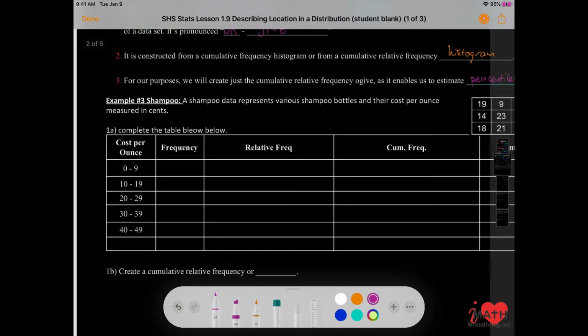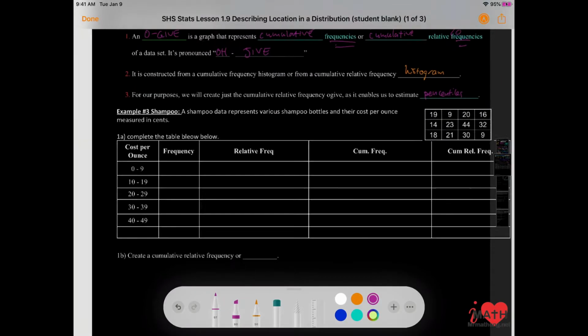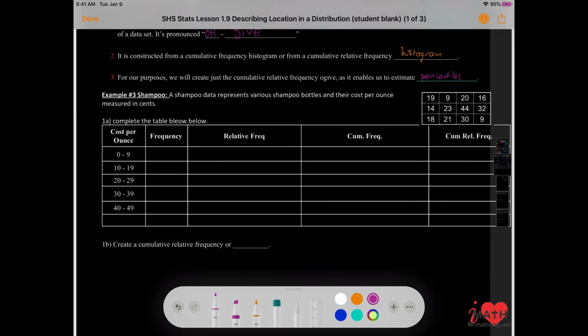Example number 3 is shampoo data. The shampoo data represents various shampoo bottles and their cost per ounce measured in cents. So over here, I made this table, and we just need to do a count, right? So, question: how many of these bottles in that table are between 0 and 9 cents per ounce?